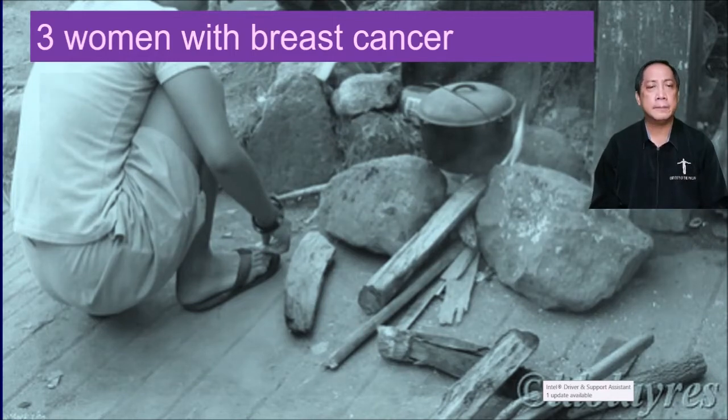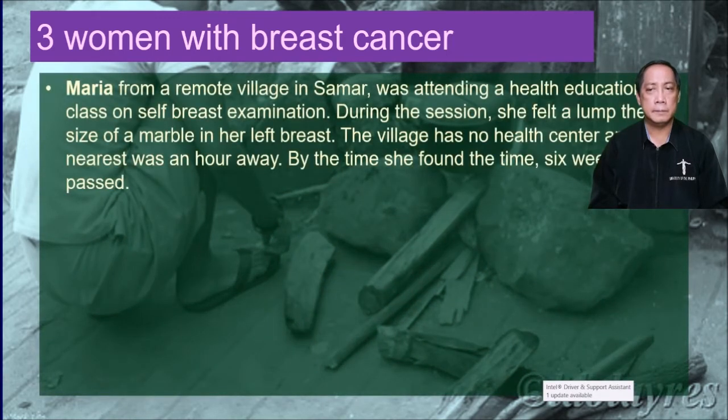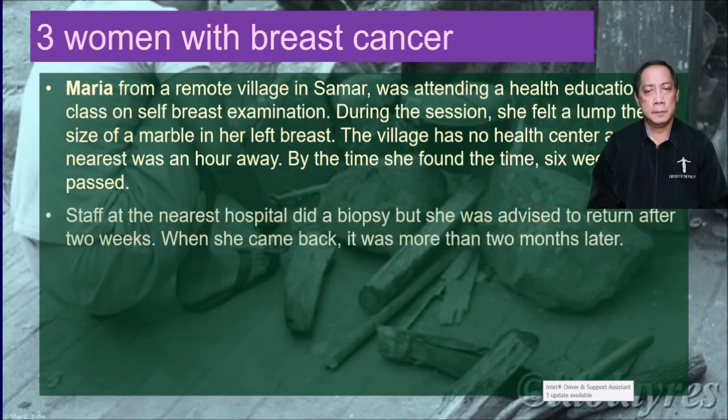Maria from a remote village in Samar was attending a health education class on self-breast examination. During the session, she felt a lump the size of a marble in her left breast. The village has no health center and the nearest was an hour away. By the time she found the time, 6 weeks had passed. Staff at the nearest hospital did a biopsy, but she was advised to return after 2 weeks.